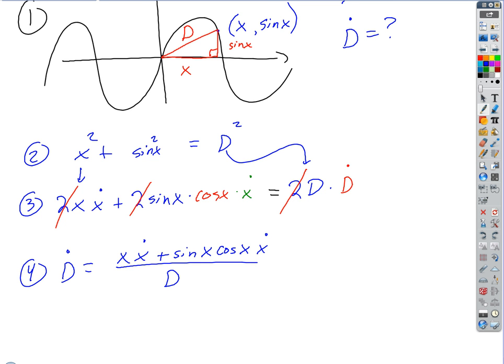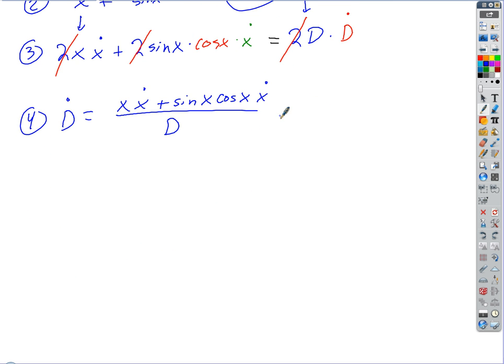And we end up with 2x plus 2 sine x cosine x, over the square root of x squared plus sine squared x, right?